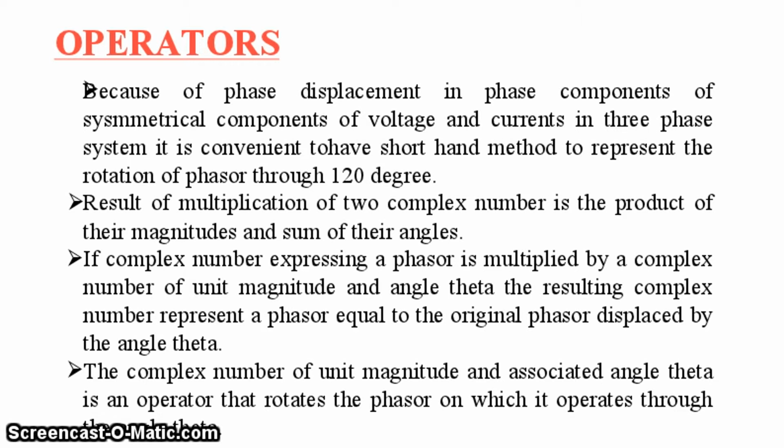Now we should know some of the properties of operators. The result of multiplication of two complex numbers is the product of their magnitudes and the sum of their angles. If the complex number expressing a phasor is multiplied by a complex number of unit magnitude and angle theta, since it is unit magnitude, the result represents a phasor equal to the original phasor.